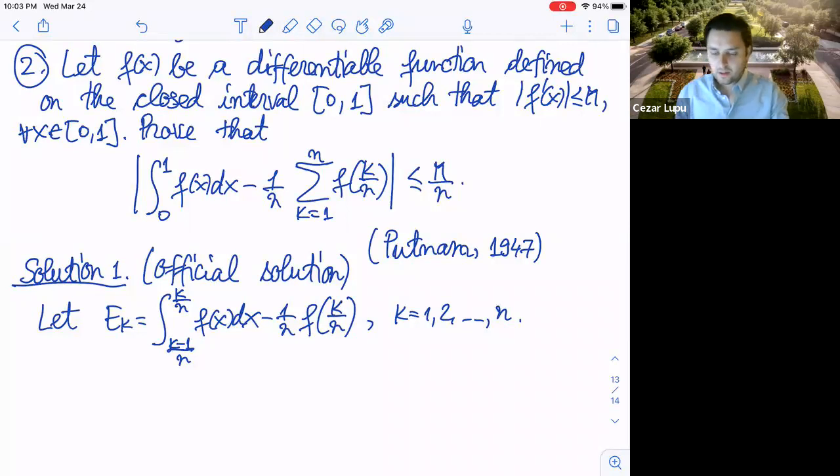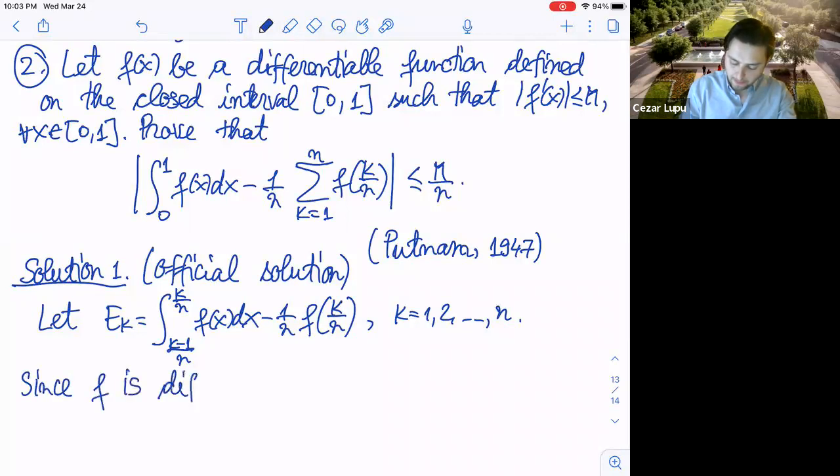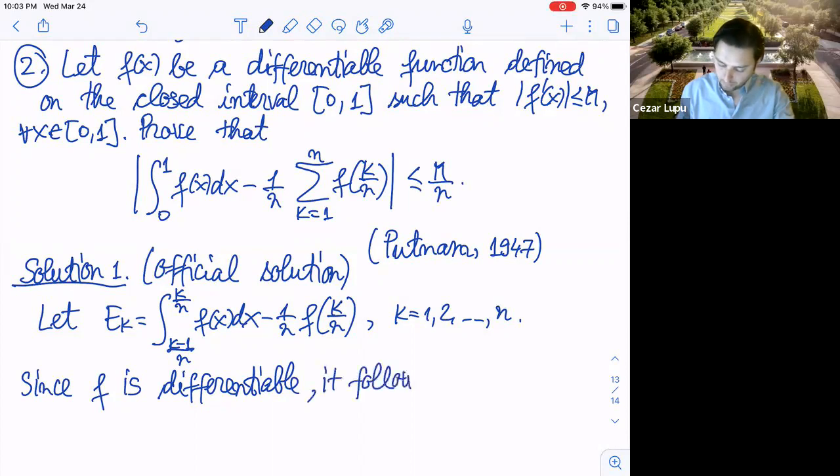So clearly, since f is differentiable, f is continuous.